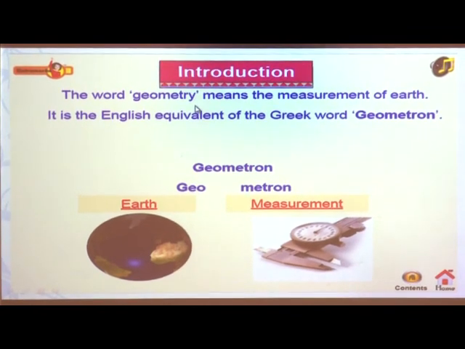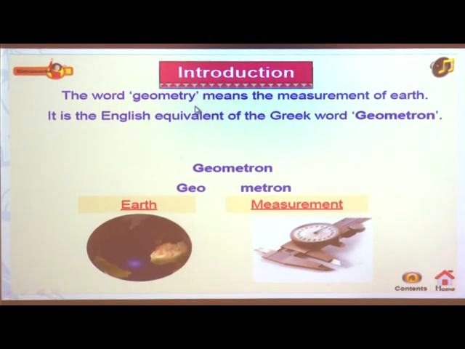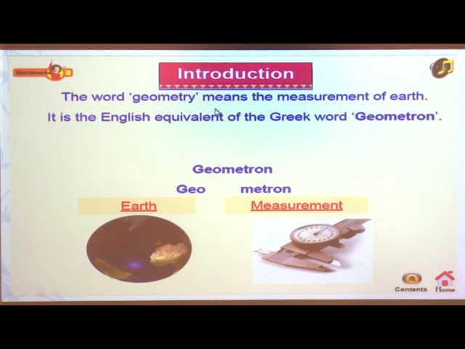What is meant by geometry? Where does the word come from? The word geometry comes from the measurement of earth. It is the English equivalent of the Greek word geometron.